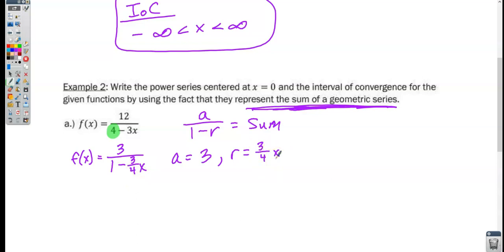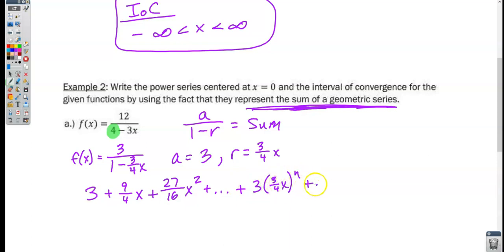And so we can write a series for this. We start with a, then the next term is a times r, then the next term is a times r squared, etc., etc. My general term, if we figure out the general term here, it's just going to be 3 times 3/4 x to the n power.